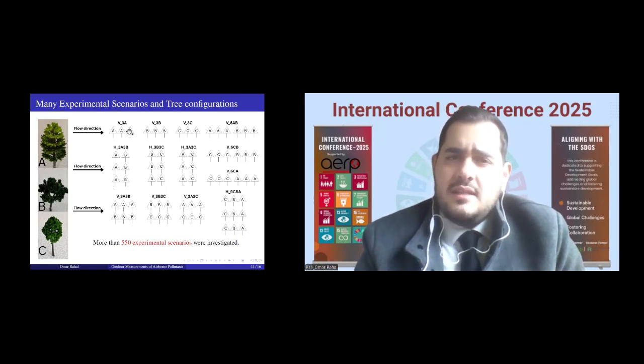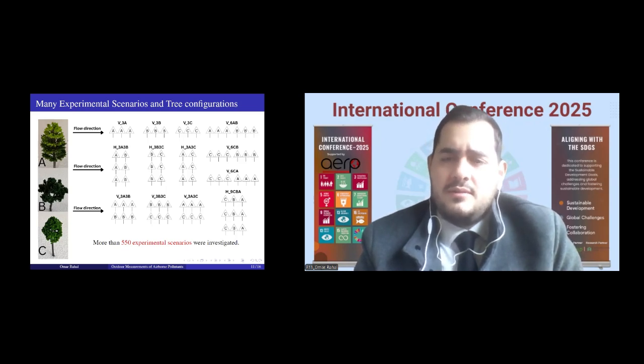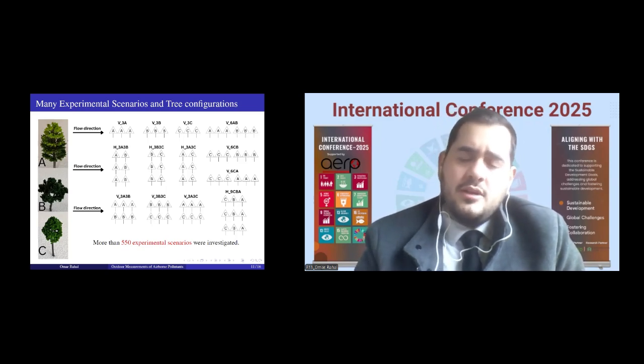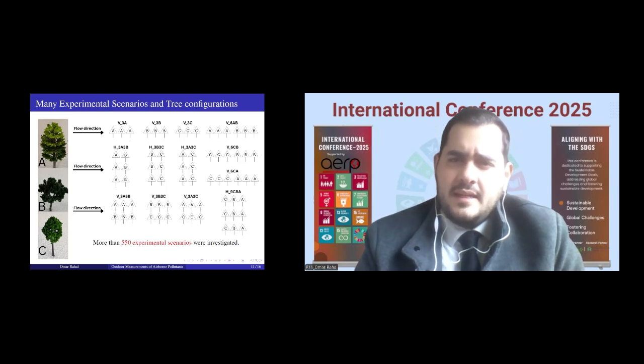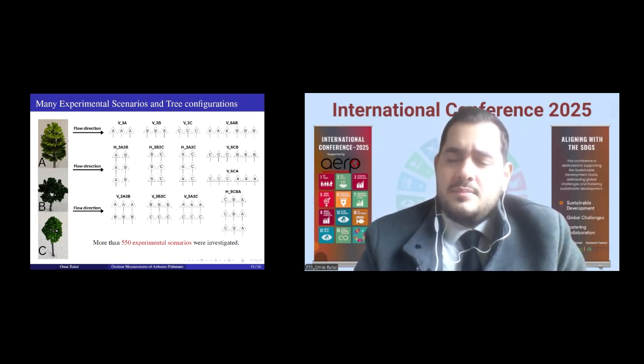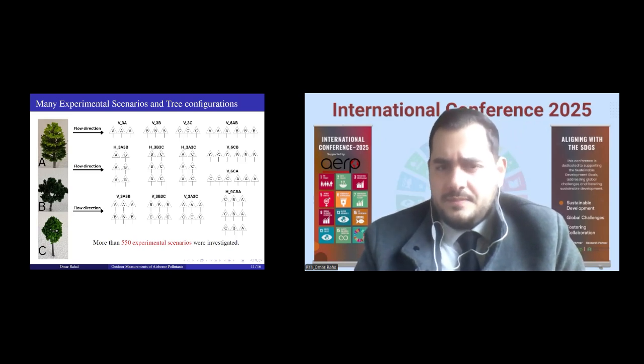And 3A means 3 trees of type A were used. So they follow as V3B and V3C, whatever, until we reach the last one, which is H9CBA, where I used all 3 trees in a horizontal way. And horizontally, I mean it is perpendicular to the flow direction.